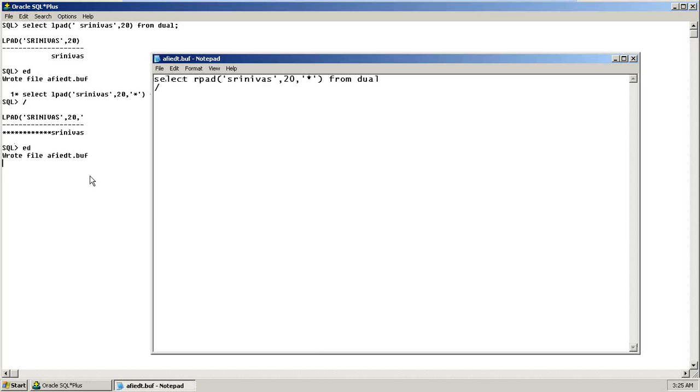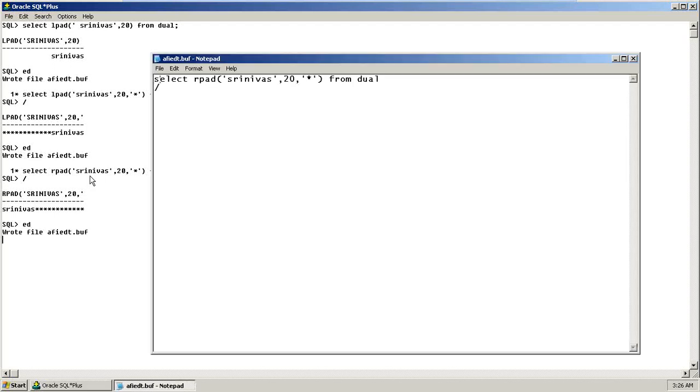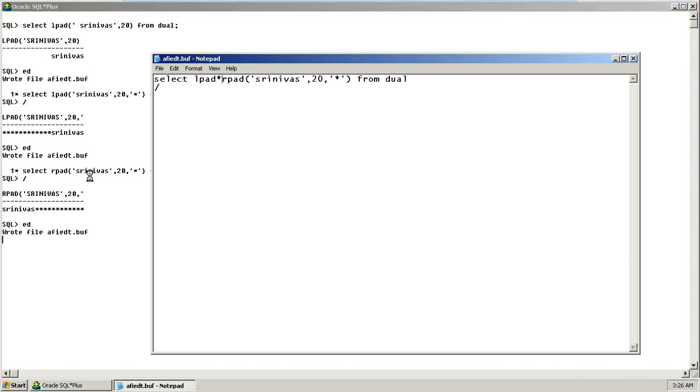Similarly, you can use RPAD also, right side padding. Suppose RPAD of the string, comma, 30 characters length, comma, special character I am expecting again star.